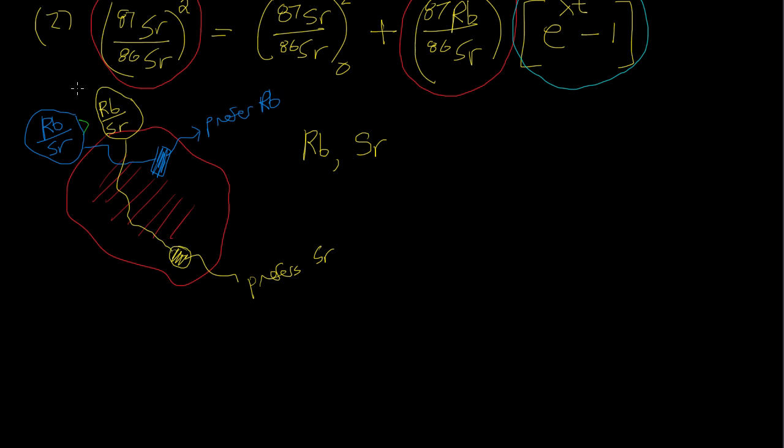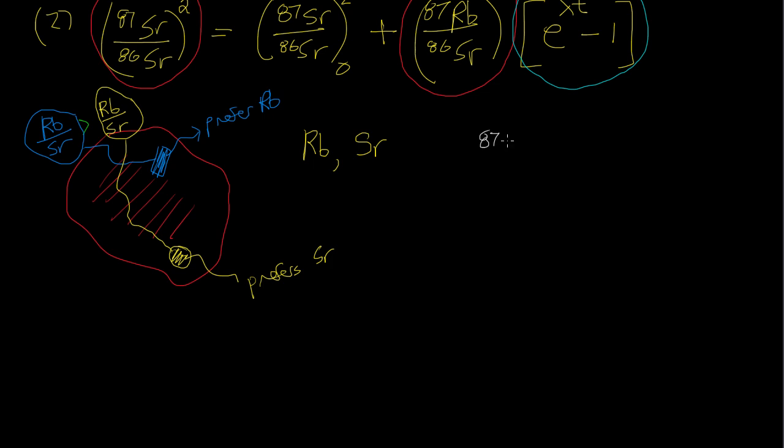In other words, the rubidium and strontium are distributed between these two minerals differently because rubidium and strontium behave differently chemically.